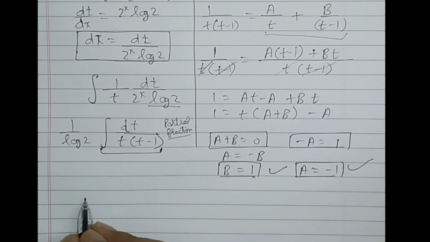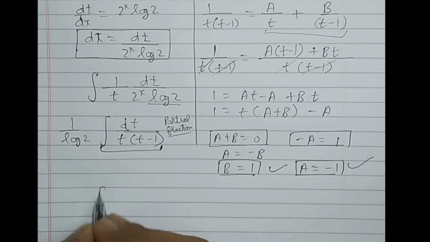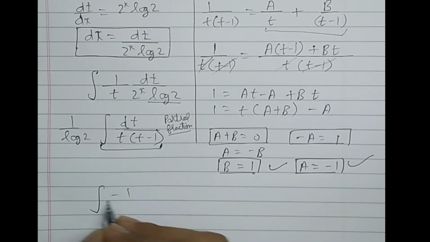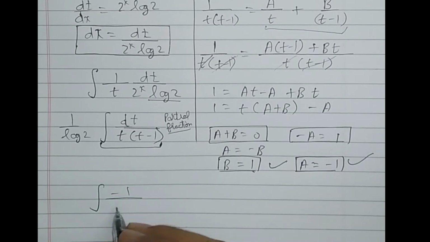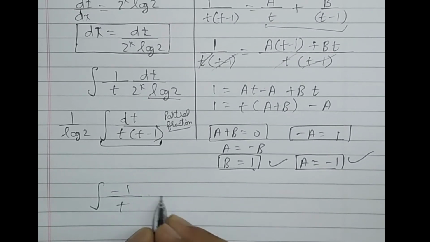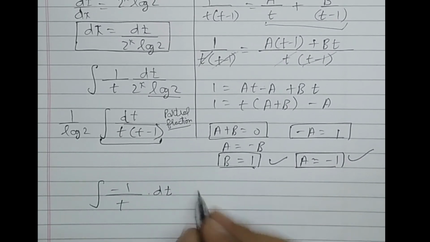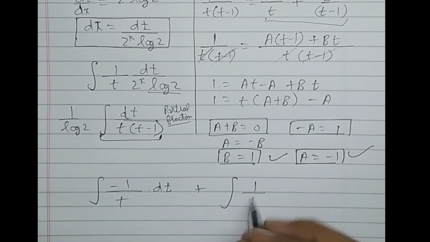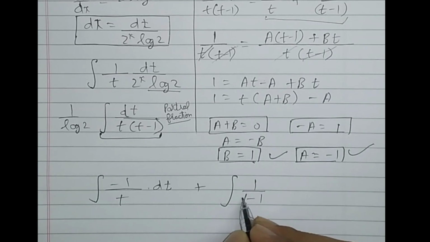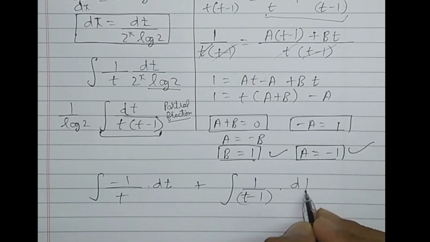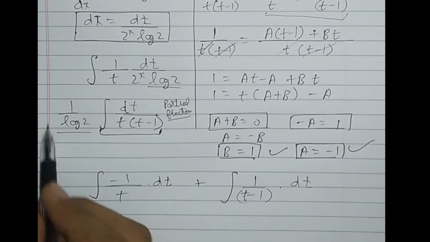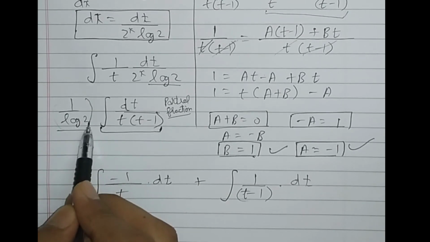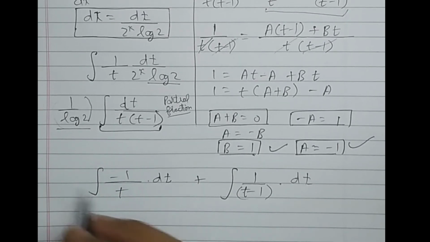So a upon t, with a equal to minus 1, gives minus 1 upon t with respect to dt, plus b, which is 1 upon t minus 1 with respect to dt. Here there was also a constant, 1 upon log 2, which we have to take in common.